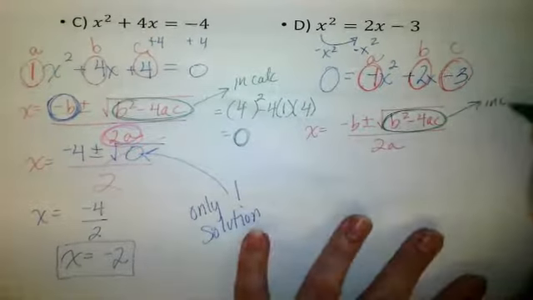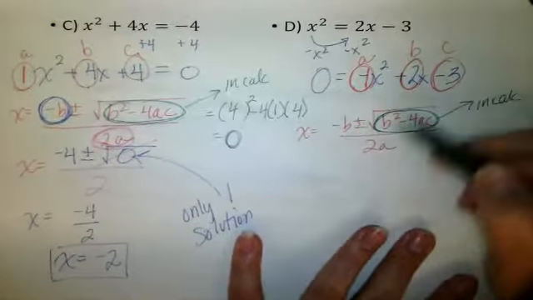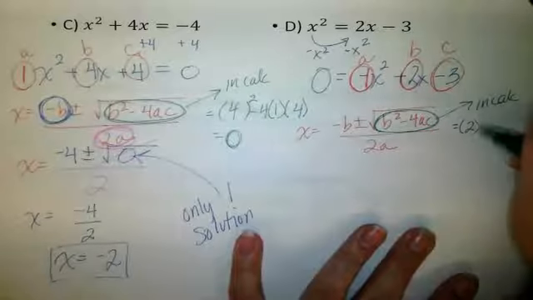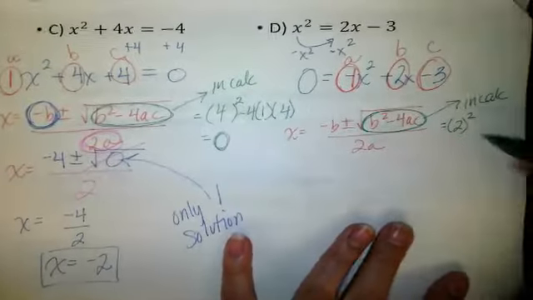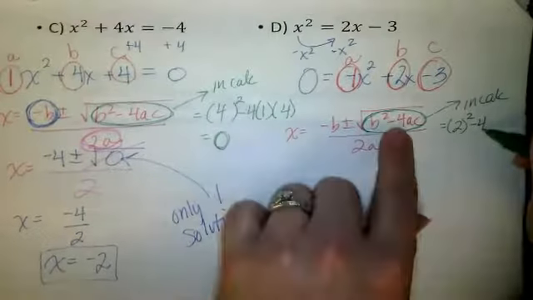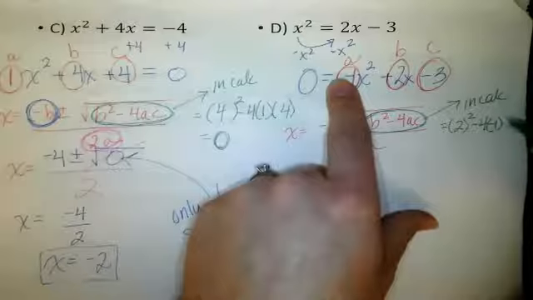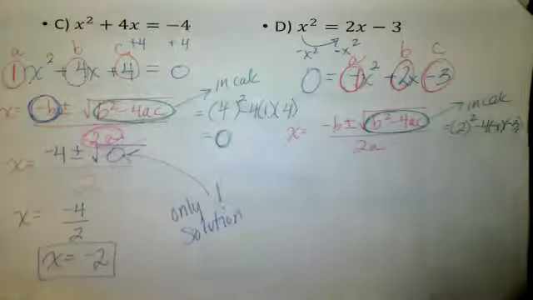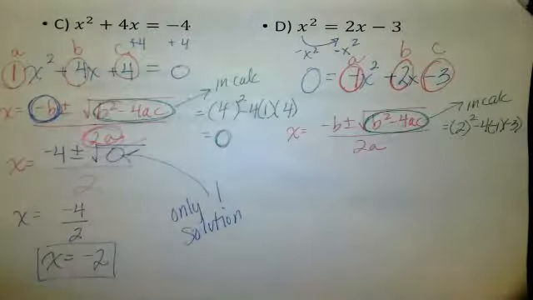So in my calculator, b squared would be 2 squared minus 4 times a times c. So 2 squared minus 4 times -1 times -3.